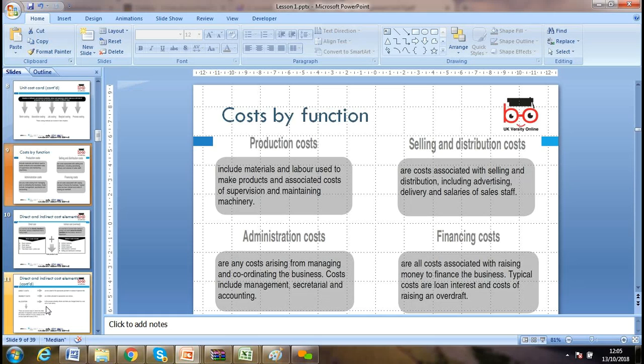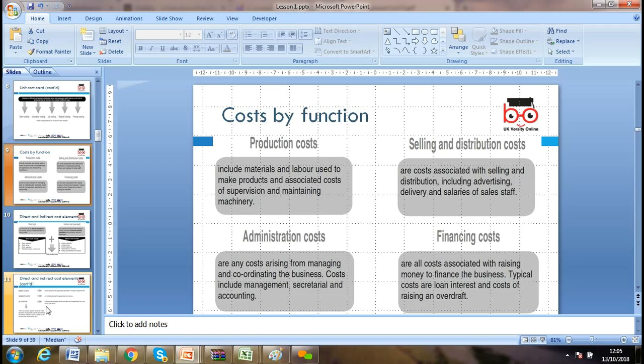Administrative costs are the costs arising from managing and coordinating the business. Selling and distribution costs are associated with selling and distribution, including advertising and delivery. Financing cost is the cost when you borrow money from banks and pay interest on it.